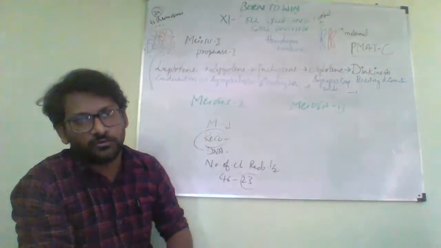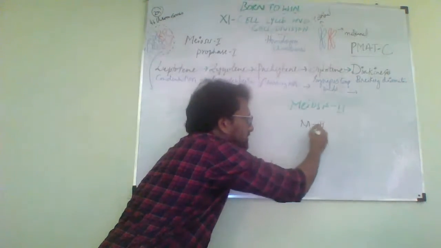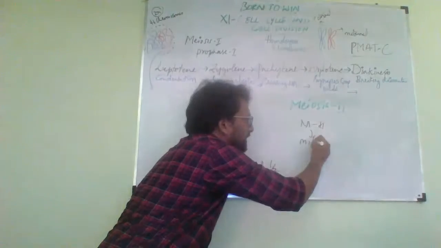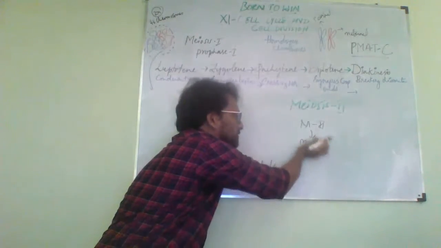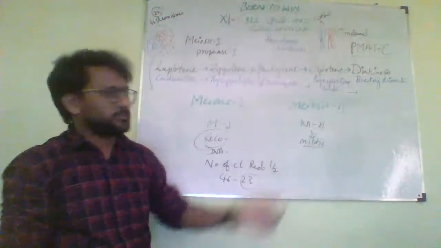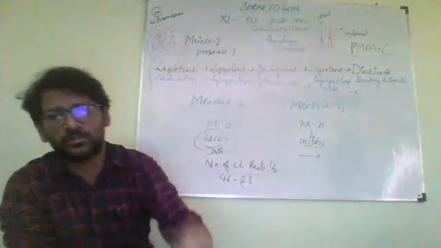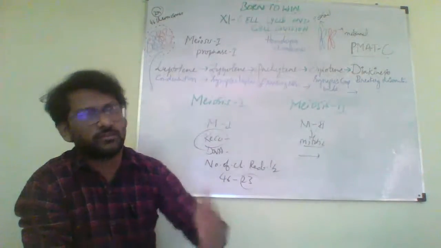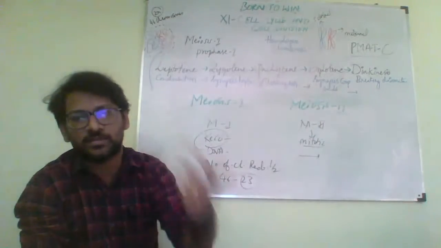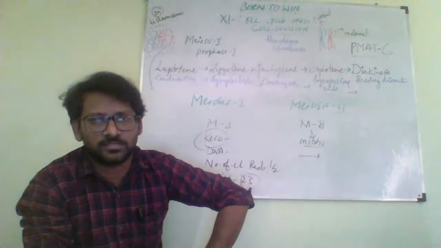This happens during the M1 phase, but the M2 phase is exactly similar to the mitotic phases. Except for the prophase, the cell directly enters into meiosis 2, where it quite resembles mitosis. In mitosis, you have PMAT-C: prophase, metaphase, anaphase, telophase, and finally cytokinesis.